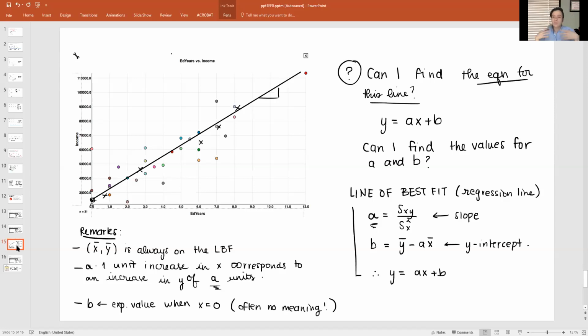Expected value. So what you would expect if X were equal to 0. Oh, okay. Yeah. Okay, do I have any questions? Can you please raise your hand once you're done writing?